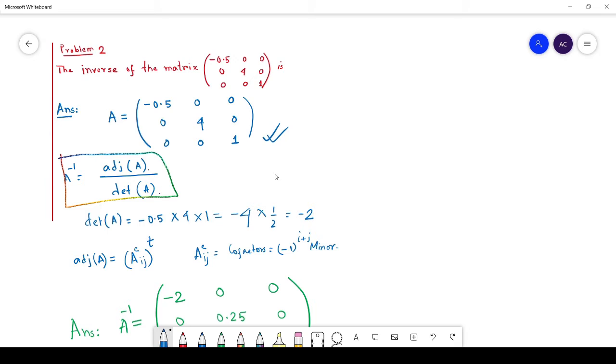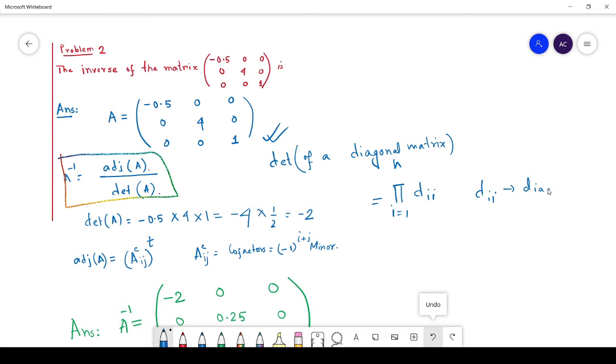So the determinant of a diagonal matrix is nothing but the product of its diagonal entries, d_ii, where d_ii are the corresponding diagonal entries.